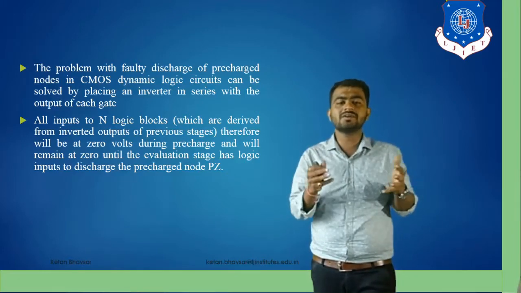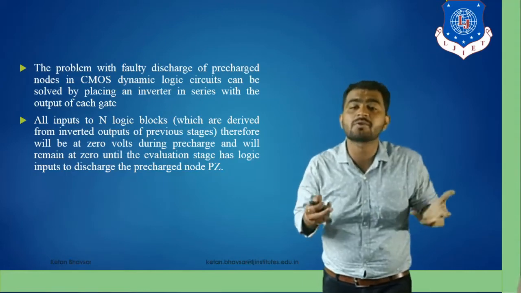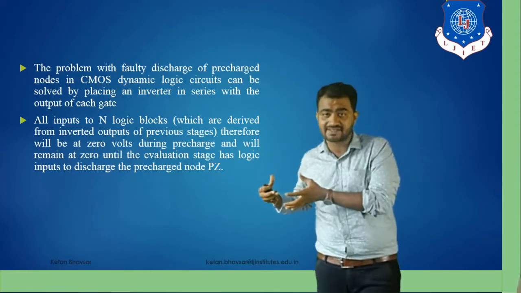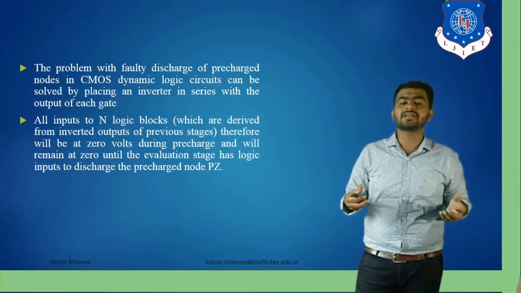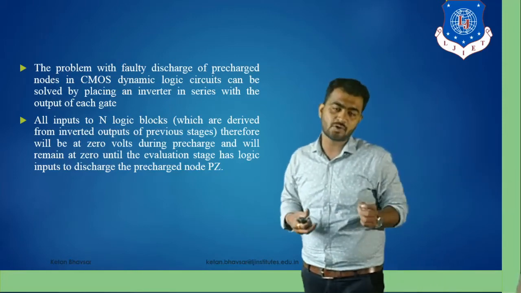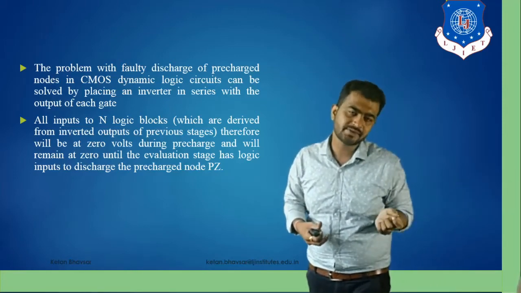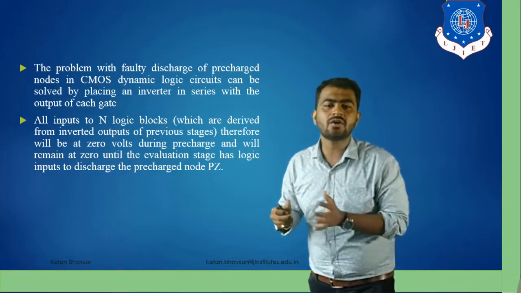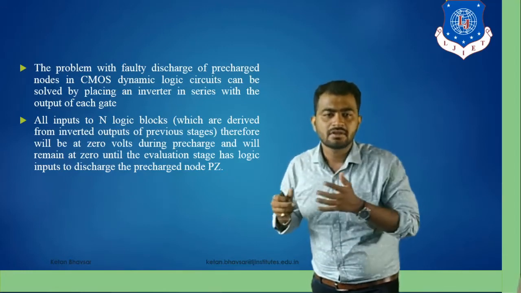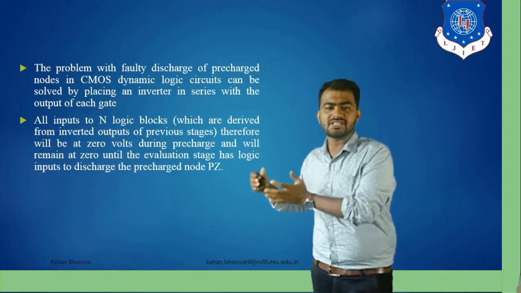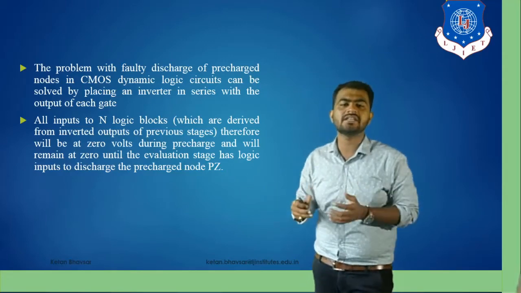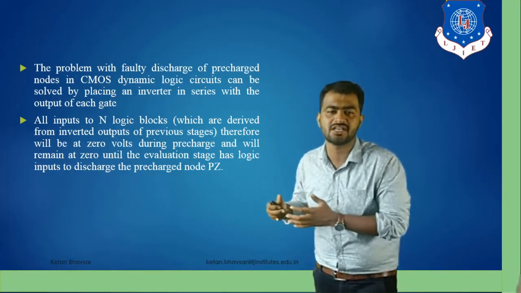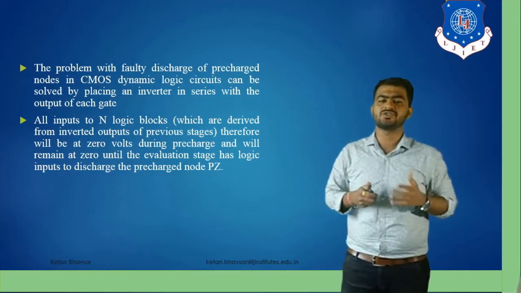So this solves the cascading problem when we use the domino logic circuit, because with the inverter, only one circuit can be driven at a time. All the inputs to the AND logic blocks will therefore be at 0 volts during the pre-charge and will remain at 0 until the evaluation stage has logic input to discharge the pre-charge node.